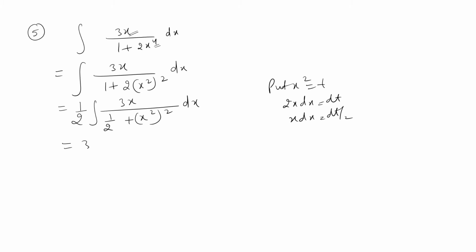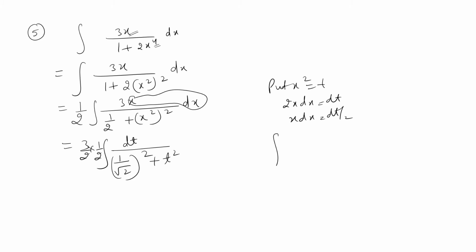So this becomes 3 by 2, and this will be dt by 2. So 1 by 2 is again outside. You can express it as 1 by root 2 whole square plus t square. Now which formula is applicable? It is of the form 1 upon x square plus a square, again 1 upon a tan inverse x upon a plus c.